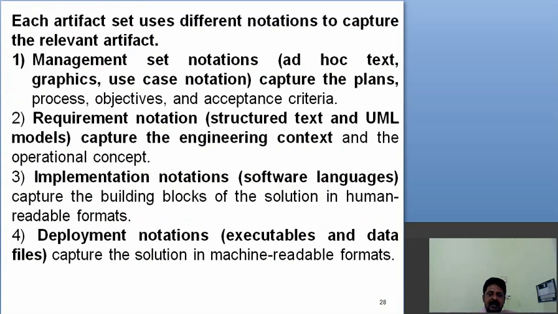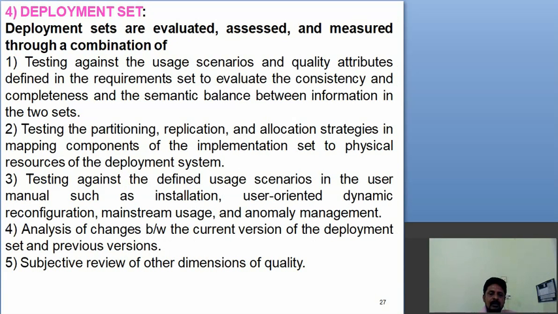After the implementation set, you want to convert that into a deployment set. So these four things, that means requirement set, design set, implementation set, and deployment set, are called the engineering artifact sets.